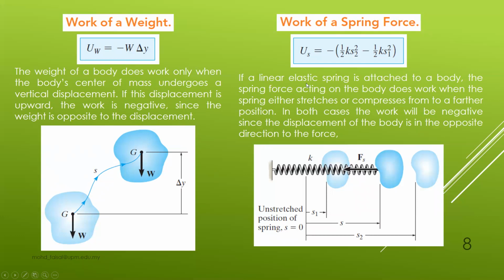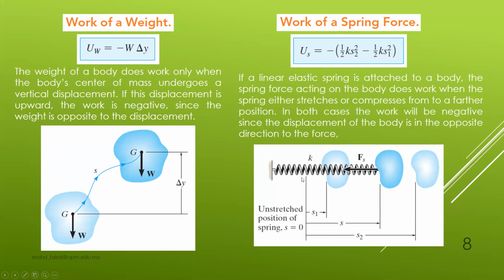If a linear elastic spring is attached to a body, like what we have down here, the spring force acting on the body does work when the spring is either stretched or compressed.